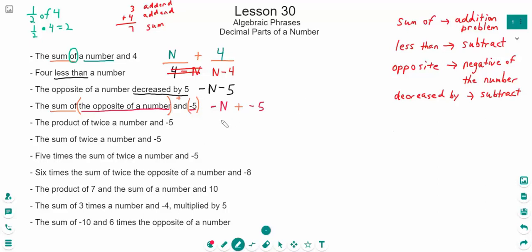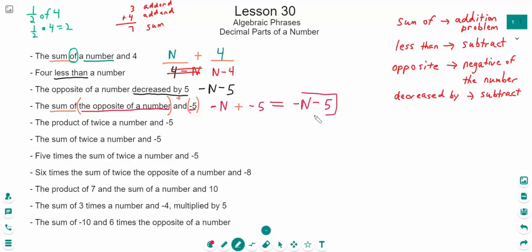So we could kind of simplify this expression a little bit by saying that this is equal to negative n. Now, a plus minus 5, that is just minus 5, right? The plus and minus, the negative is going to win, and we're going to end up with a negative 5. So we could write that as negative n minus 5.